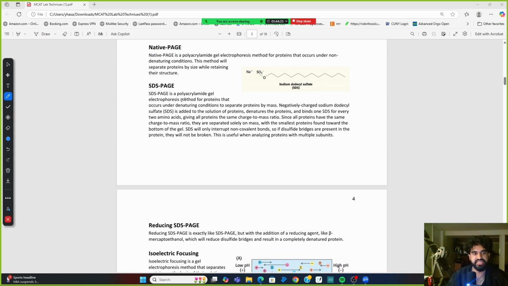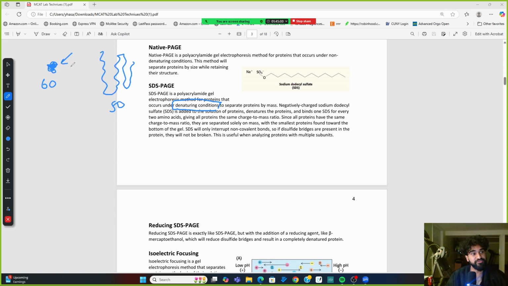SDS-PAGE, SDS standing for sodium dodecyl sulfate, right? SDS-PAGE is a polyacrylamide gel electrophoresis method for proteins that occurs under denaturing conditions, right? So denaturing conditions to separate by mass, okay? So look at this. You could have a really tightly wound protein that's like 60, whatever units you want to call it, and you'd have this, which is 50.